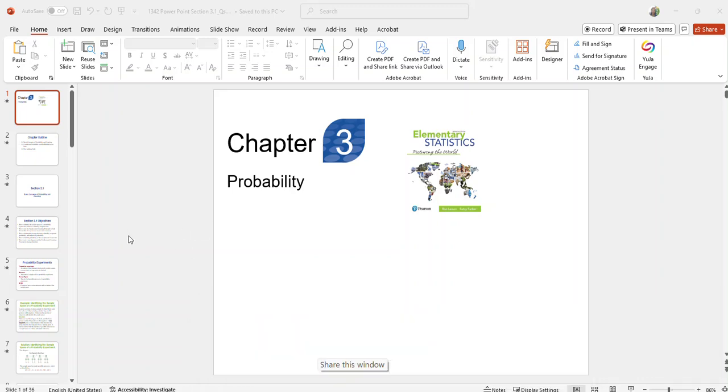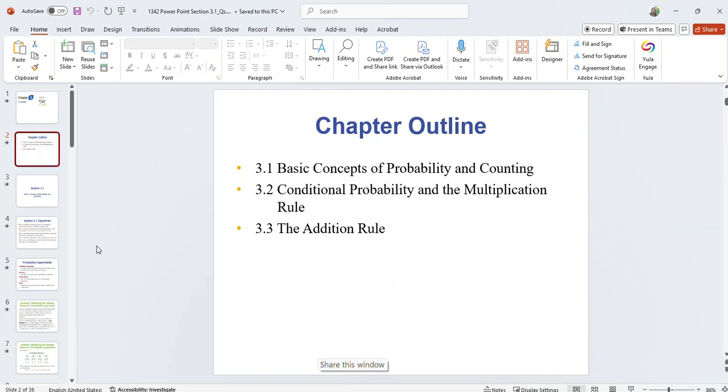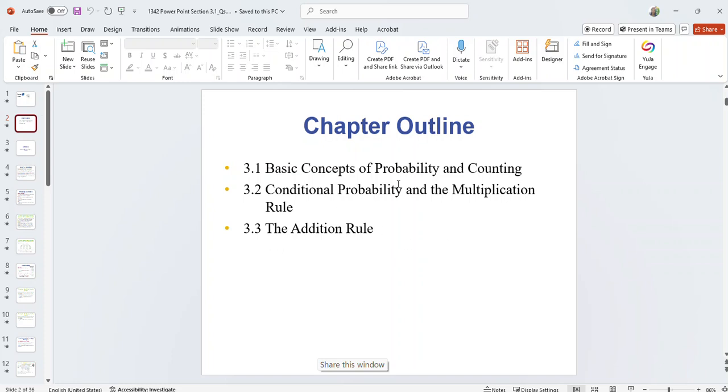So this unit here, we're gonna talk about probability. Modules 3 and 4 will be the probability. Probability is a big concept in statistics, right? So the objective for this one is we need to understand the basic concept, and then how to count the probability, okay?